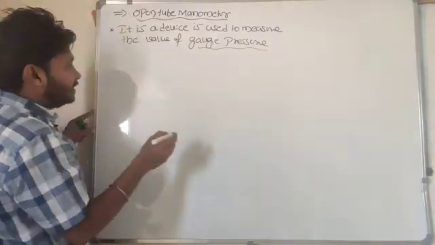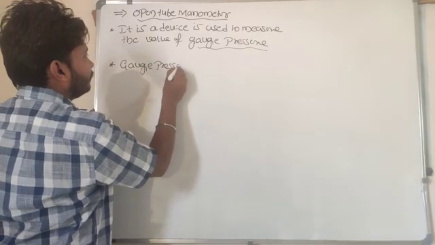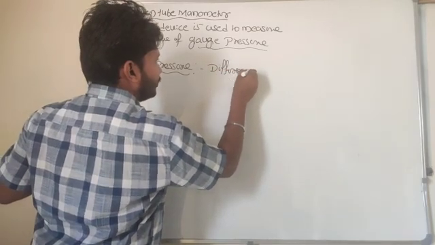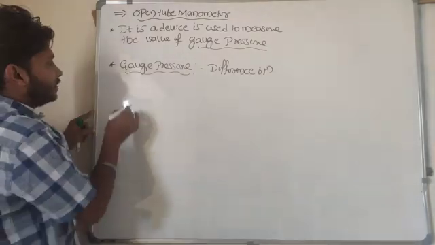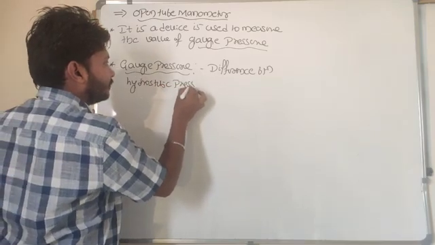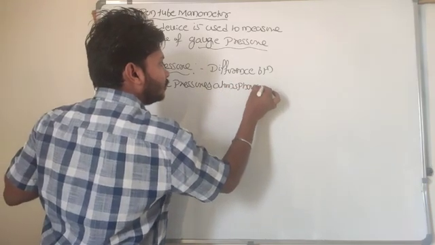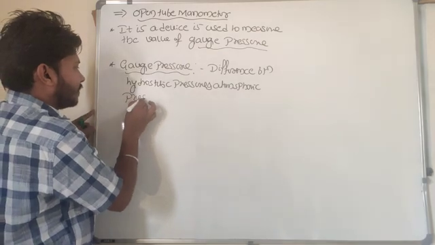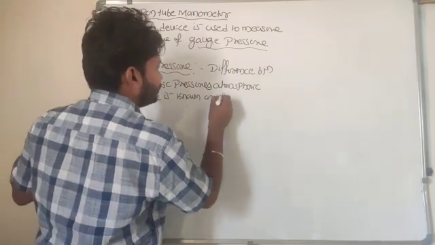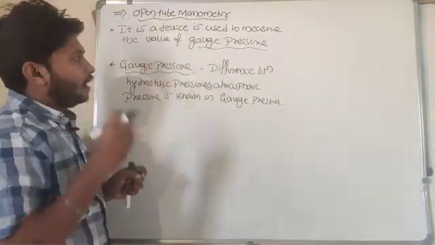The word meaning of gauge: so gauge pressure means the difference between hydrostatic pressure and atmospheric pressure. And this difference between hydrostatic pressure and atmospheric pressure is known as gauge pressure, right?